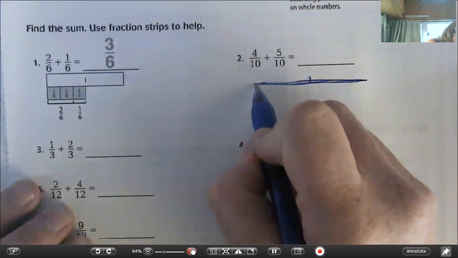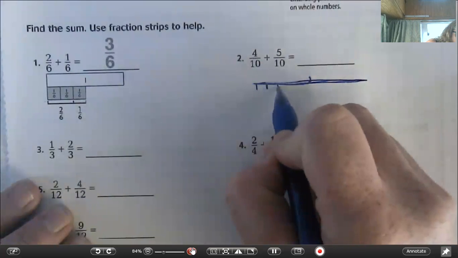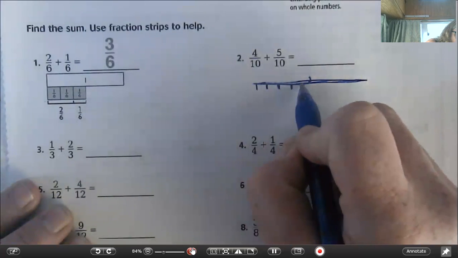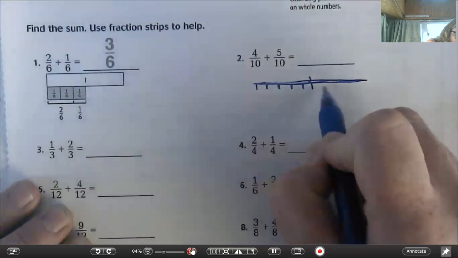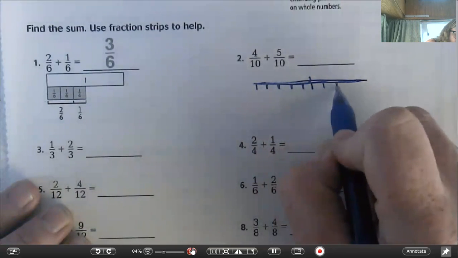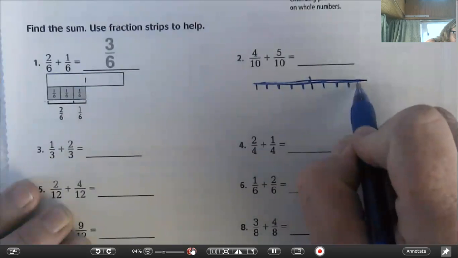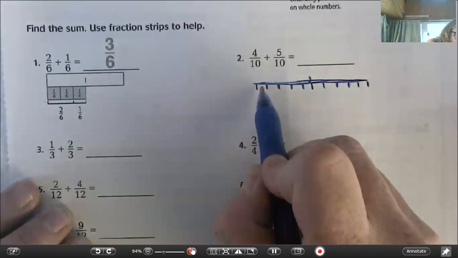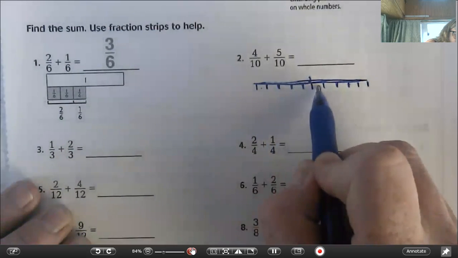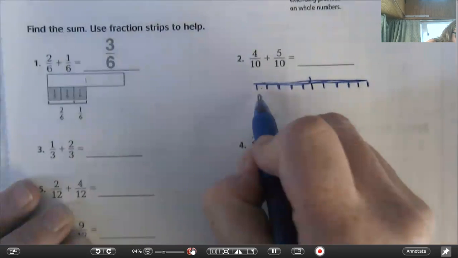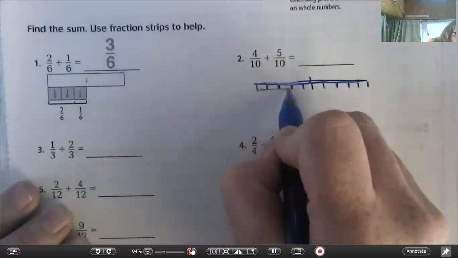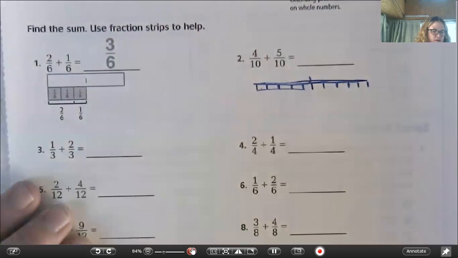So I go 1, 2, 3, 4, 5, and then 1, 2, 3, 4, 5, 6, 7, 8, 9, 10. So I have 4 parts that I color in.